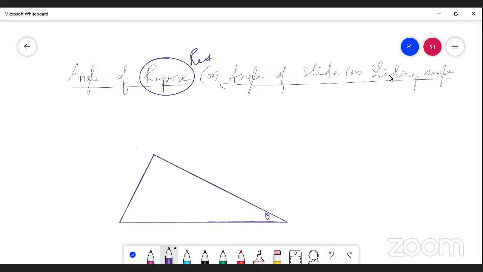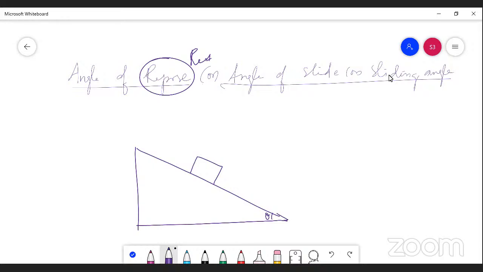An object or block is placed over the inclined surface. This angle theta is called the angle of repose. This inclined surface is making an angle with the horizontal plane, and a block is placed over it.